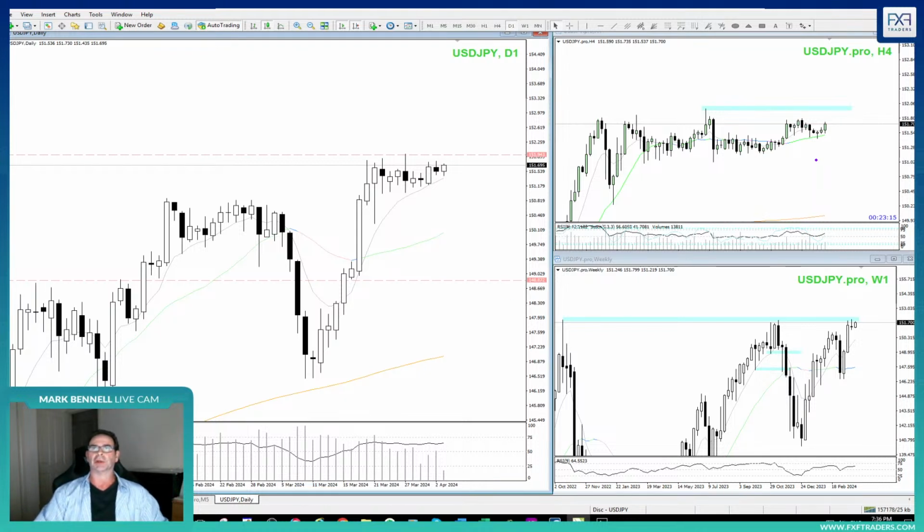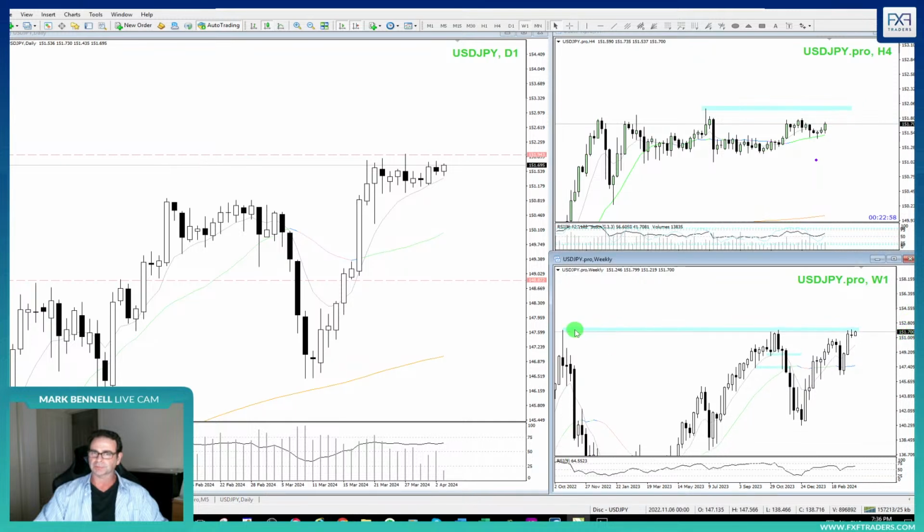Okay, dollar yen is okay as well. Okay, dollar yen is okay, but the only thing, once again, it's already had a big move. It's right into resistance, which is still okay. We're looking for it to break, but because of that, these kind of have a tendency to pull back a bit harder and then go.